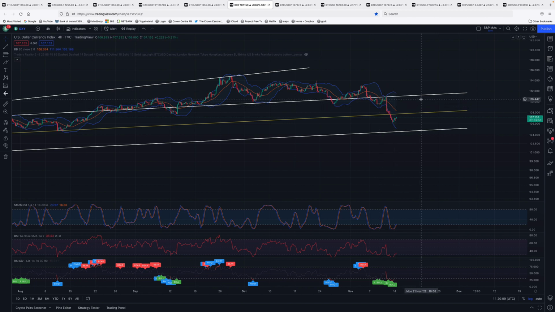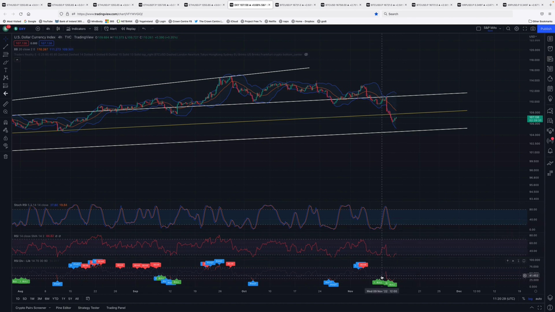It's more probable for a movement up to continue when we have support, which is something that I constantly keep telling you.